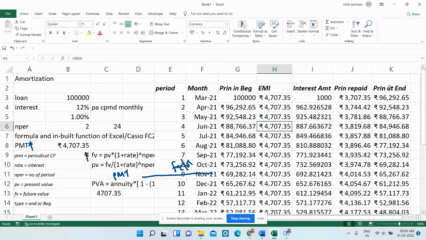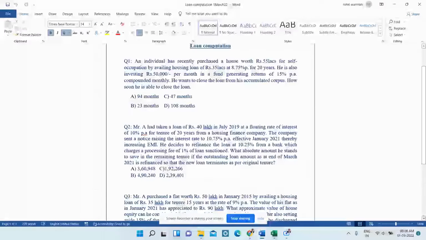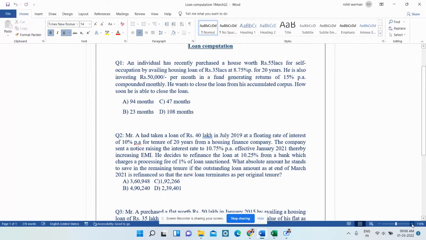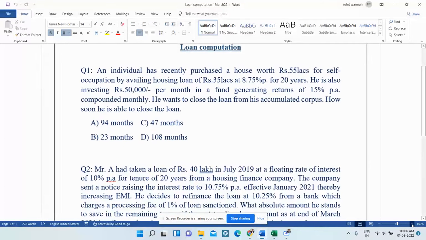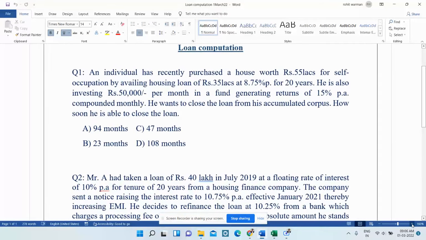So the next part is, I have some questions with me, with this basic. The first question, and this is again practically what happens in the market. Suppose I go to the bank and borrow an amount.